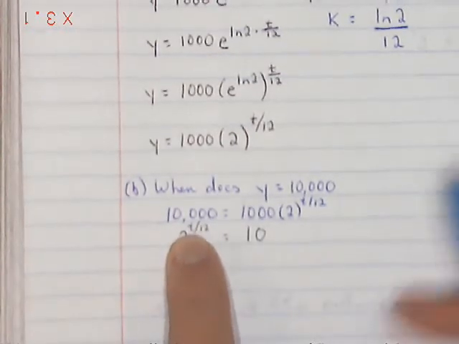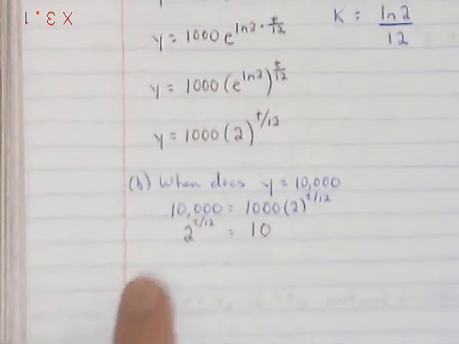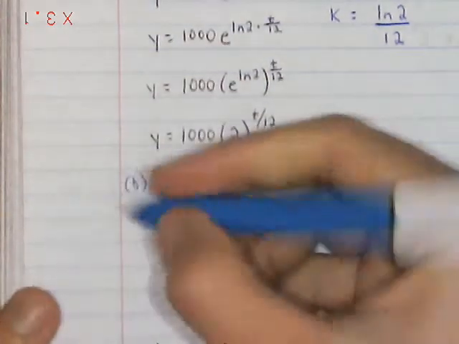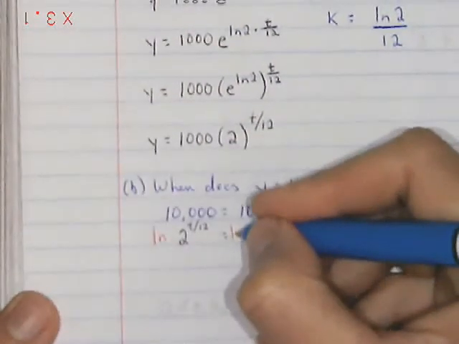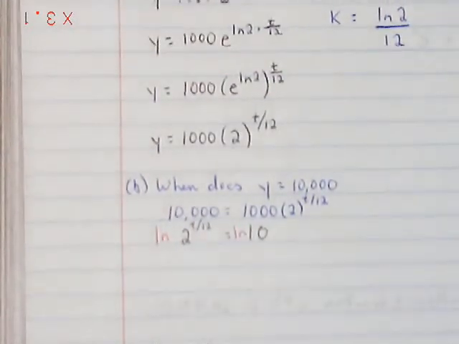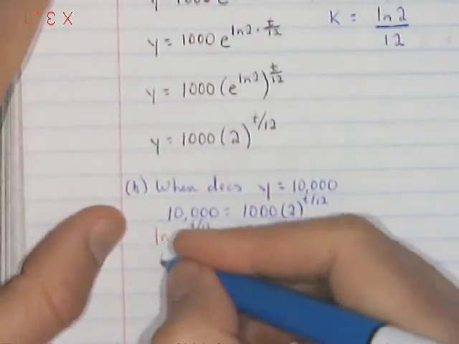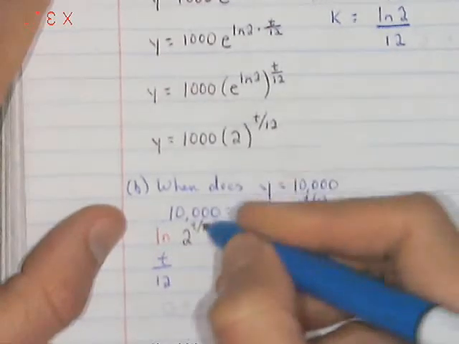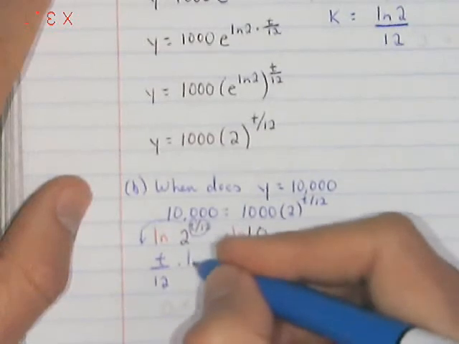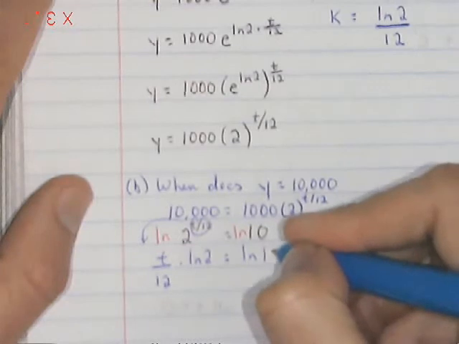Well, the thing we're trying to solve for is up in an exponent. And so our math reaction should be, let's hit both sides with a ln and see if we can bring it down. So, lning both sides. Now we'll be able to pop down this exponent and say that t divided by 12 times the ln of 2 is equal to the ln of 10.